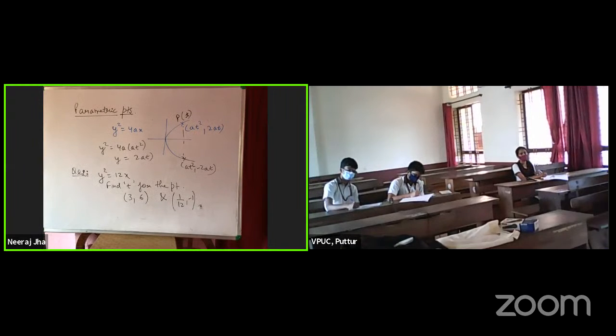Y square is equal to 12x is the parabola. Point is (3, 6), find t. And point is (1 by 12, minus 1), find t.